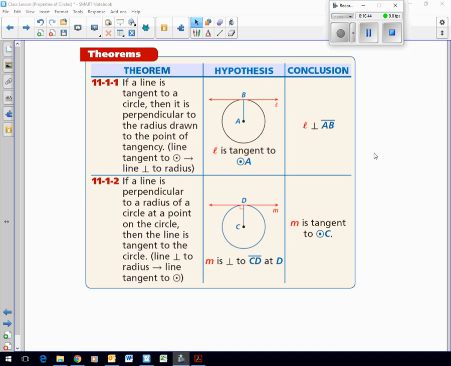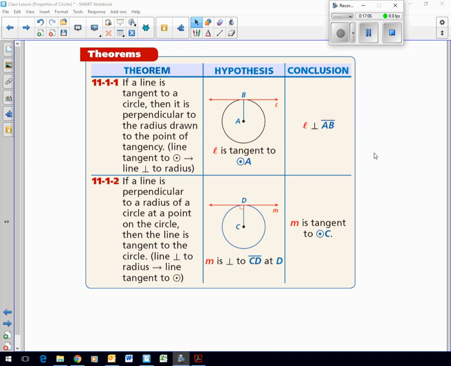The fact that the radius and the tangent line form a 90-degree angle will be a baseline to get to a whole bunch of theorems, all right? And effectively solve a bunch of problems about circles, okay?